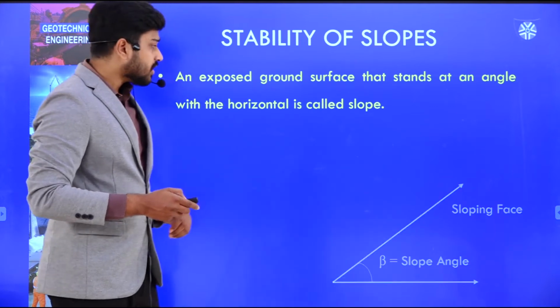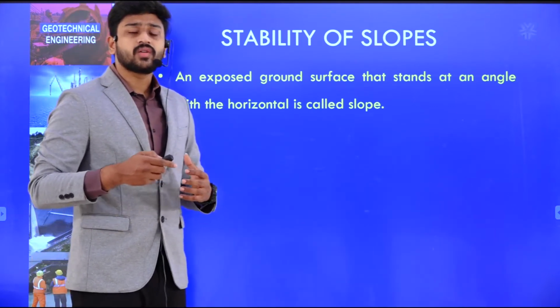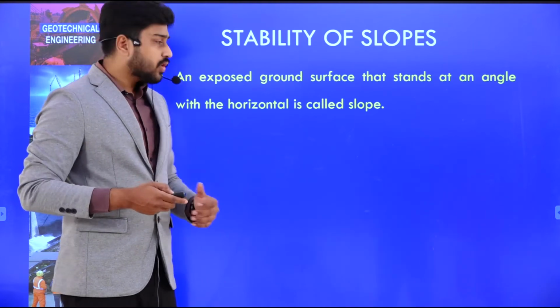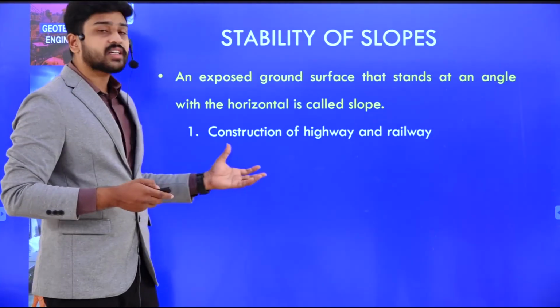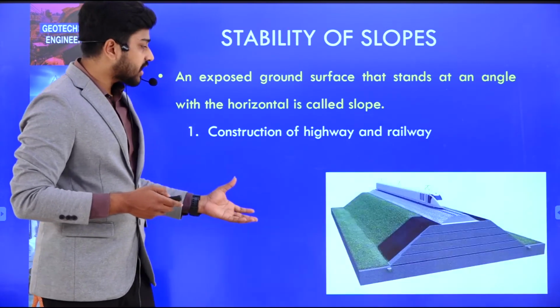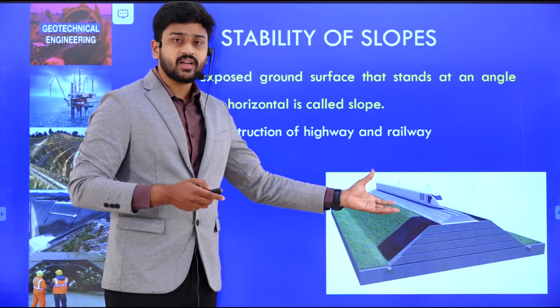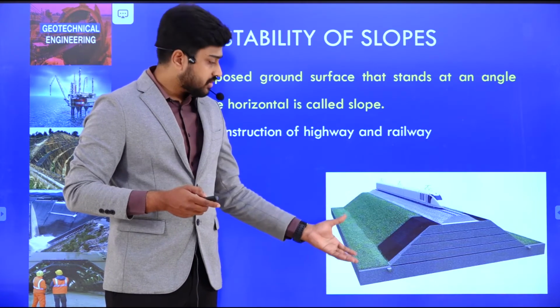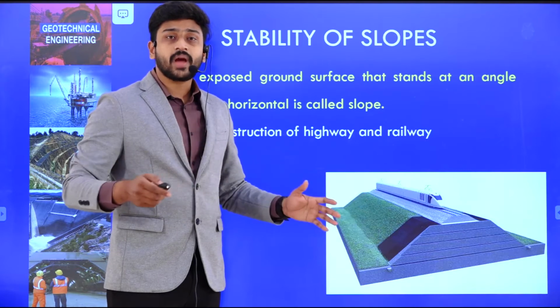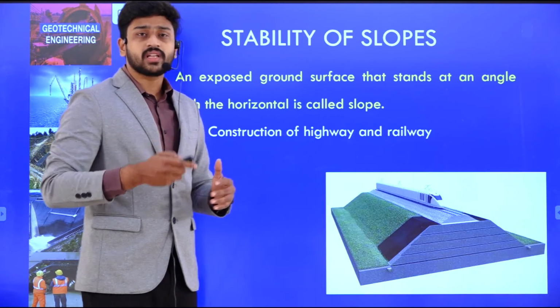Now, where exactly do we come across these kinds of slopes in civil engineering? The first case is when we construct any highway or railways. If you look at this diagram, imagine I am constructing a railway track here. It has to be constructed on some embankment arrangement in particular instances.